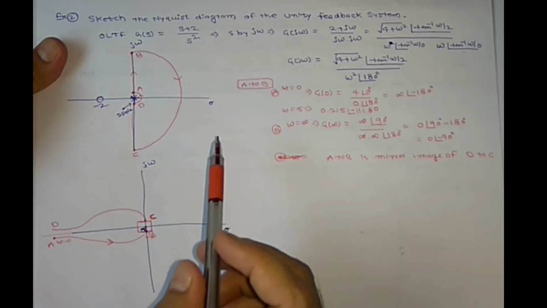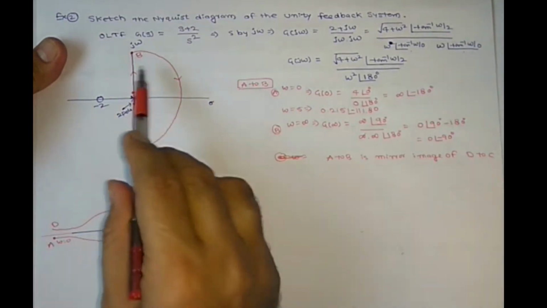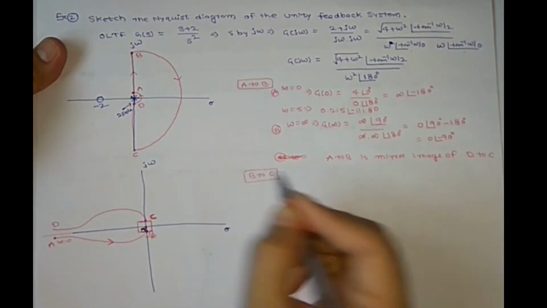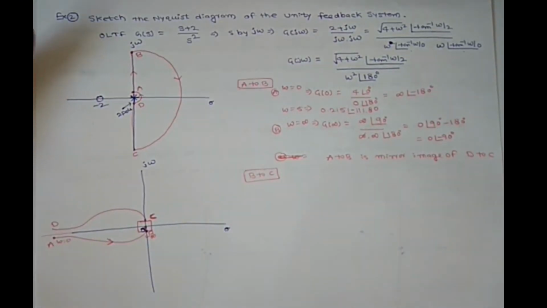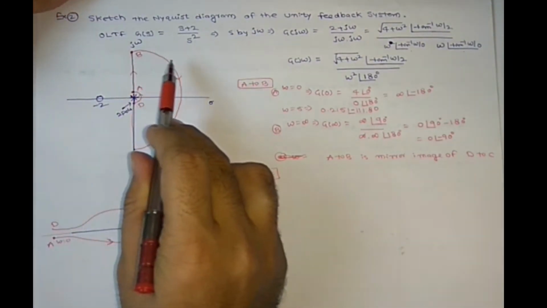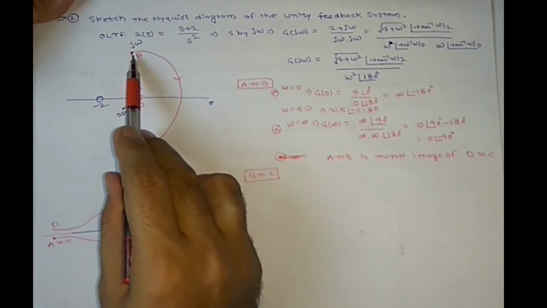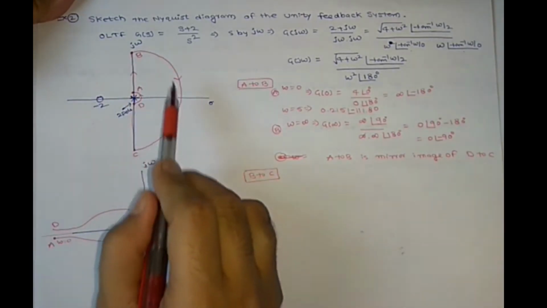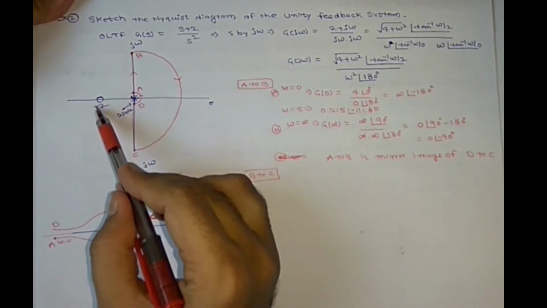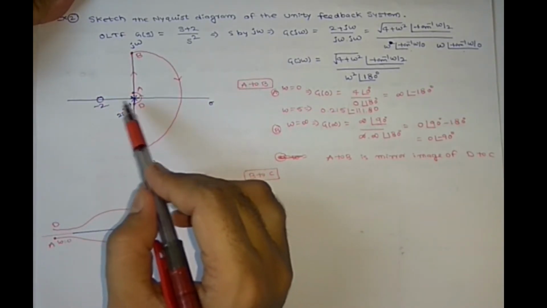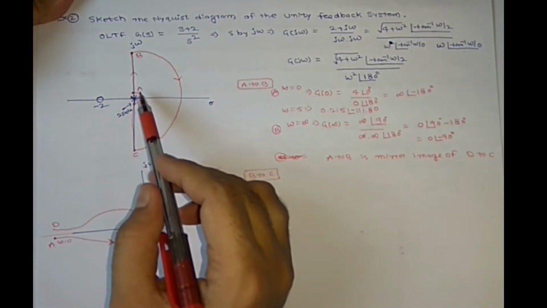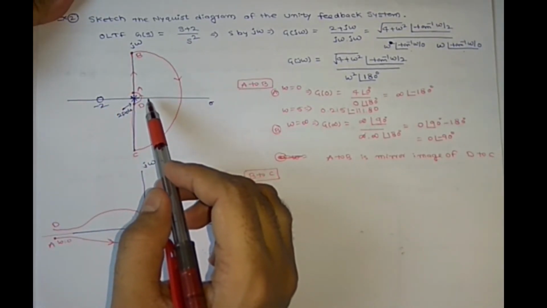Now let us see B to C. B to C is a semicircle with infinite radius. If you look at these 2 poles and a zero, you will feel these are all one single point, right?